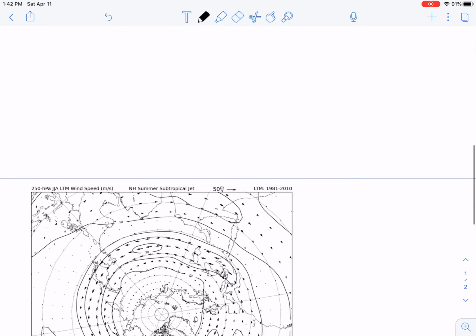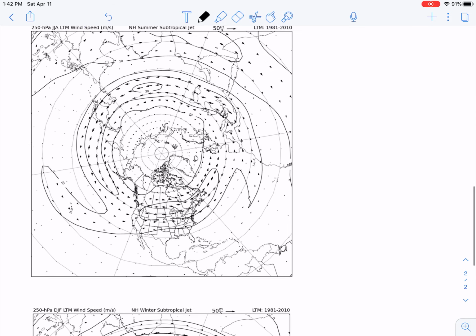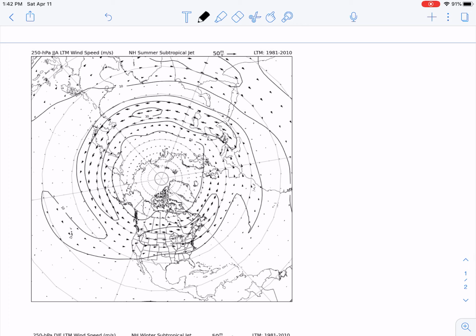And so as we scroll down in this notebook here, we see a graphic illustrating the northern hemispheric subtropical jet. Here, our wind vectors are indicated in arrows, and the length of the arrow indicates the strength.